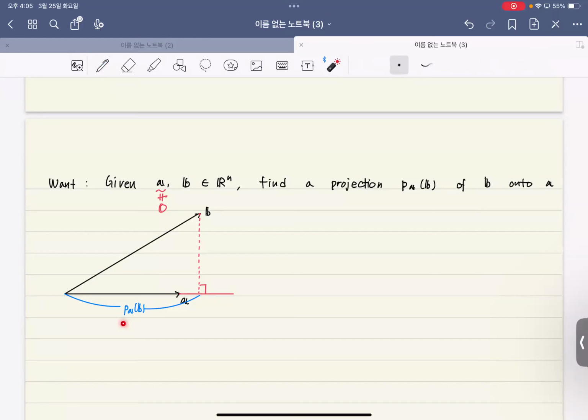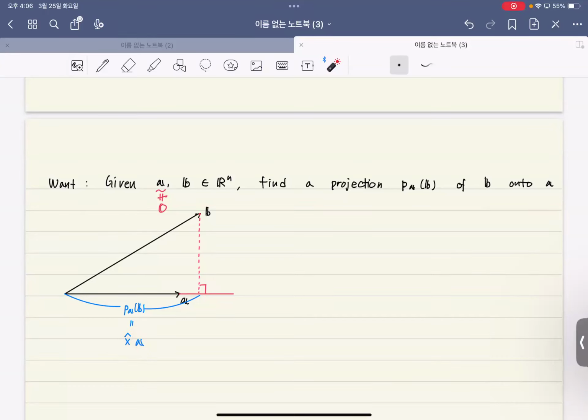Clearly, this vector, by its definition, has to be parallel to the vector A. So that means this can be written as a scalar multiple of the vector A, which I will denote by x hat times A. A is a vector, but x hat is just a number.